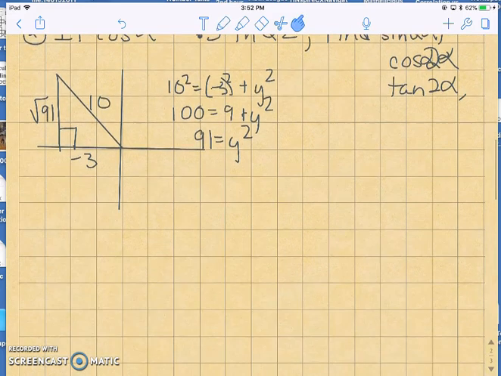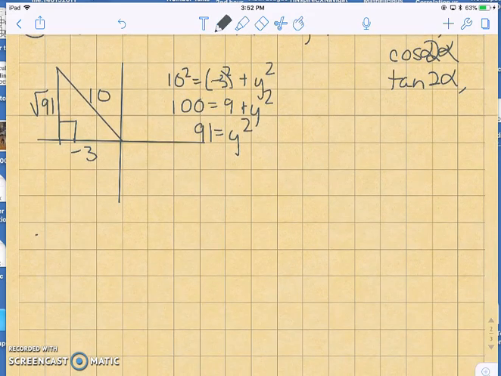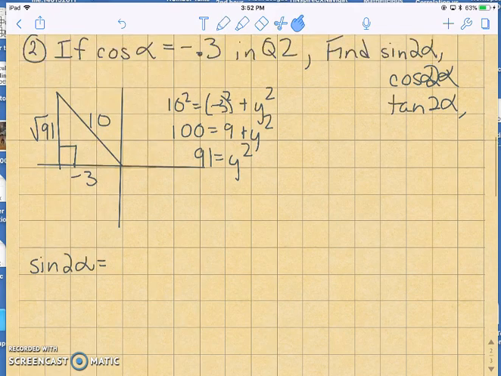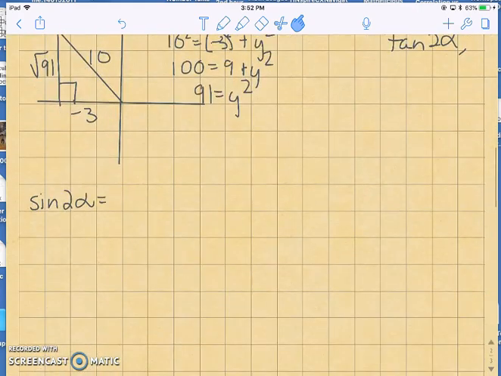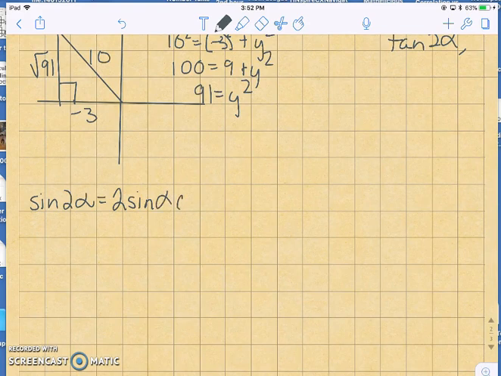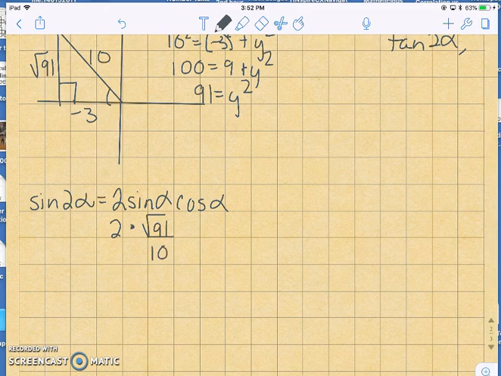Now let's see if we can find these. The sine of 2 alpha, what was that equal to? It was 2 sine of alpha cosine of alpha. So 2, our sine, opposite over hypotenuse, and we always go from our reference angle, square root of 91 over 10, times our cosine, adjacent over hypotenuse.